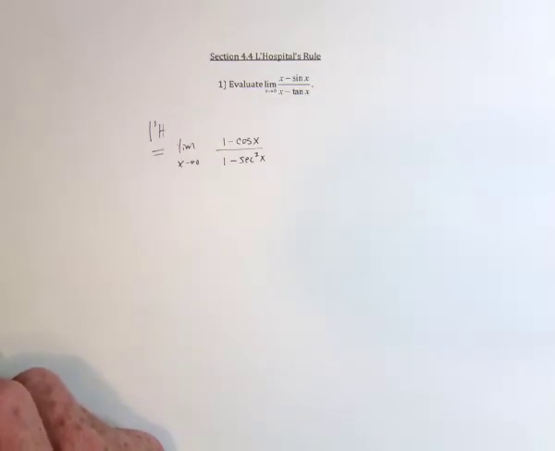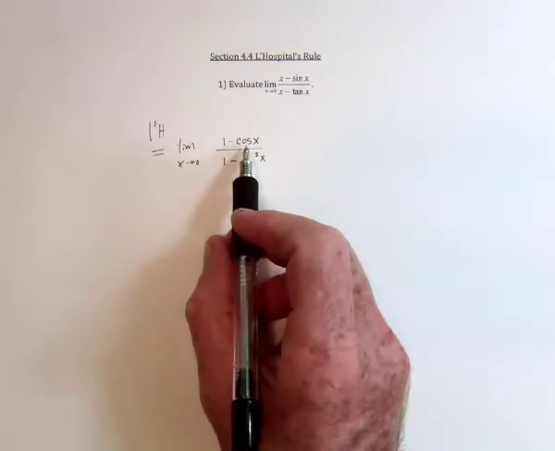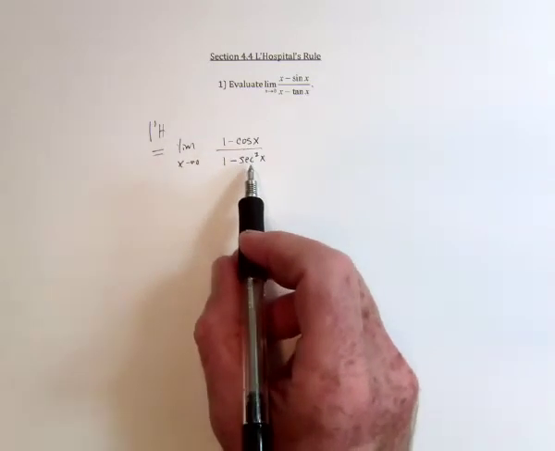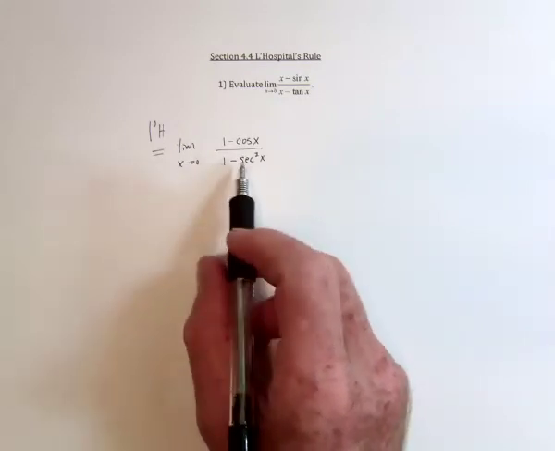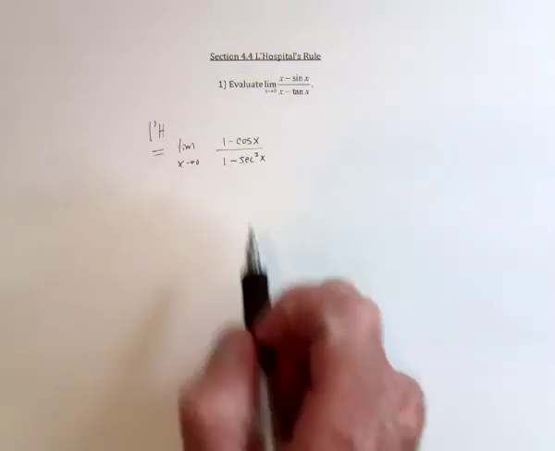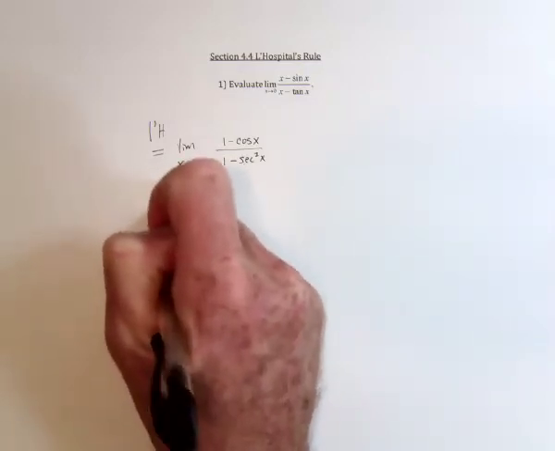Well, cosine of 0 is going to be a 1, so this would be a 1 minus 1. And then secant is 1 over cosine, so that would be a 1 again, and so that would be 1 minus 1. So we've still got 0 divided by 0. So do L'Hopital's rule again.